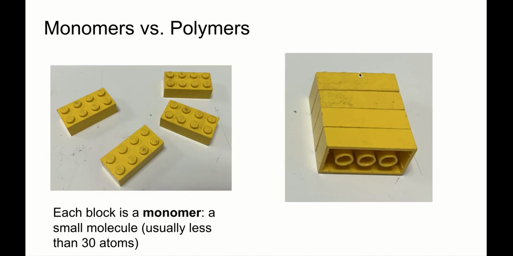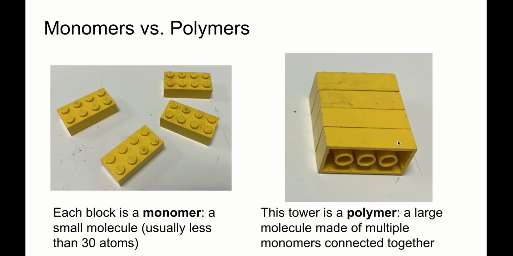On the right-hand side, I've taken those 4 blocks, those 4 monomers, and I've just built them into a little Lego tower. This Lego tower represents a polymer. A polymer is a large molecule made of multiple monomers connected together. So I can see multiple pieces repeating over and over, put together into this chain.